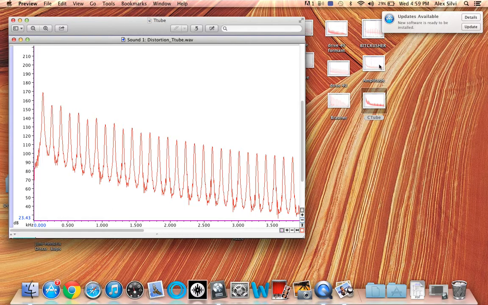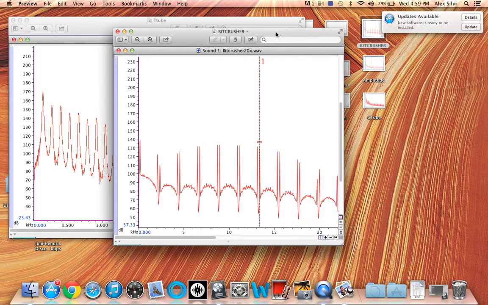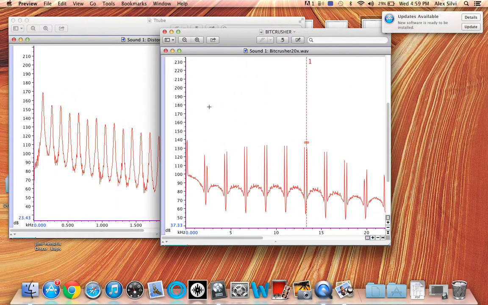The other one, not the random one, was the Bit Crusher. And the Bit Crusher looks oddly similar to the graphs we had seen earlier in class, the saw wave.